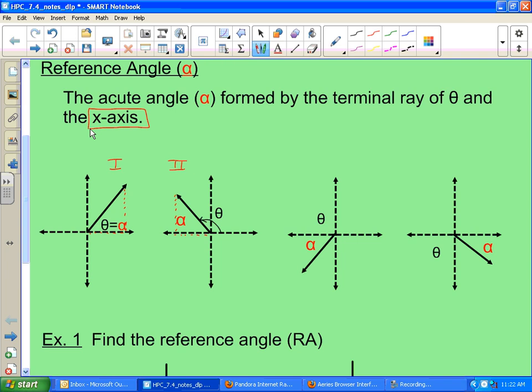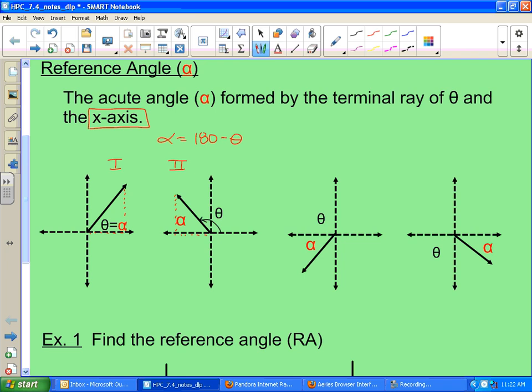So a reference angle can be found in quadrant 2 with this rule. Now, we're using degrees, but I could be using radians as well, so that could also be pi minus theta. 180 minus my angle of theta gives me some acute angle here in quadrant 2.